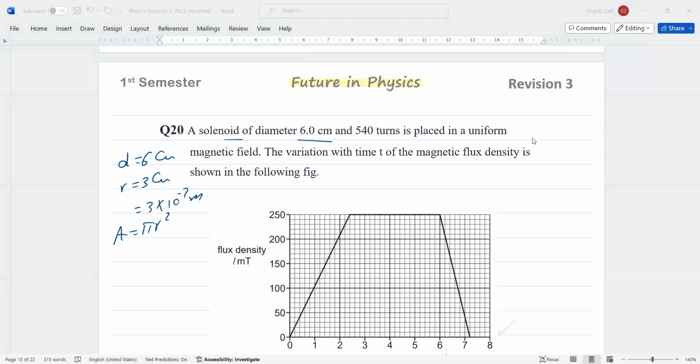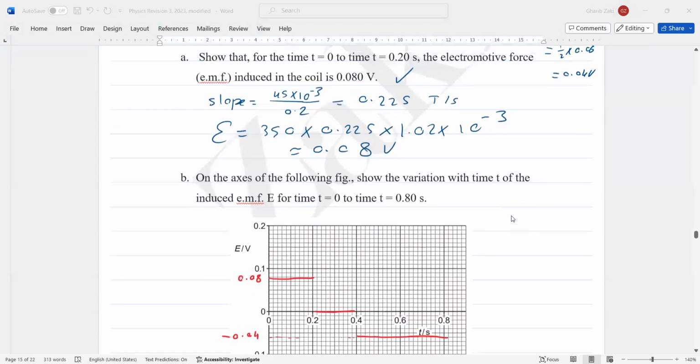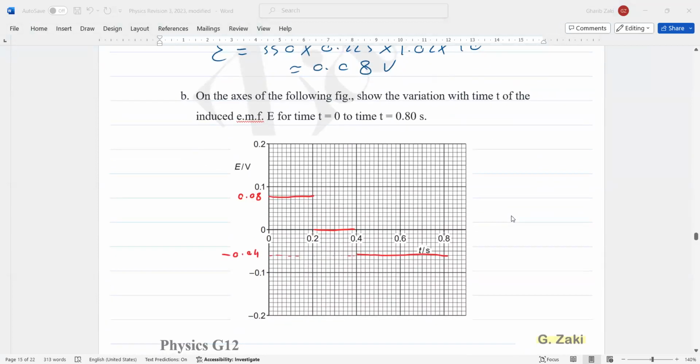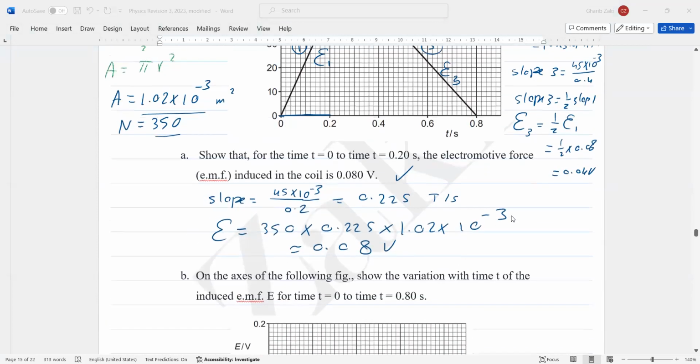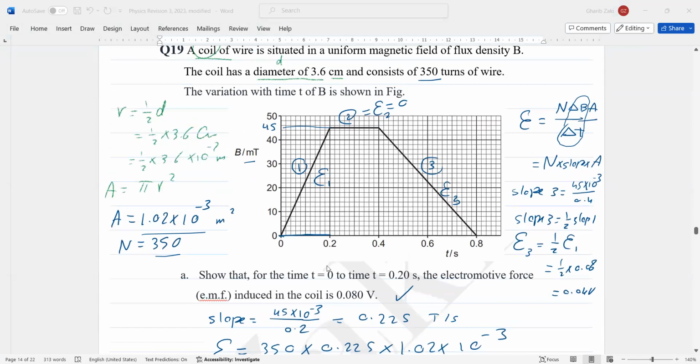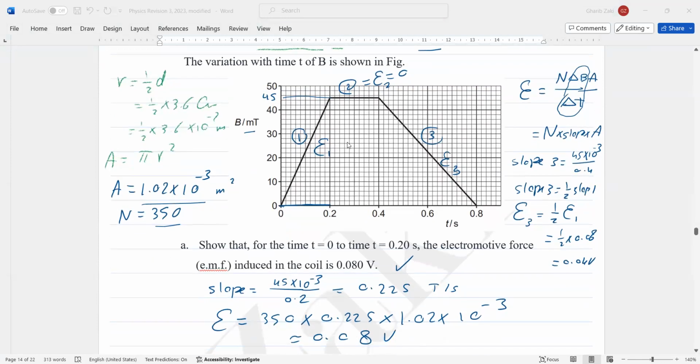Yes, 19 part B. Again, part B, he said, look at the figure. In the first one, EMF E1, we calculated it is 0.08. From 0.2 to 0.4, EMF equals 0 because it's horizontal.